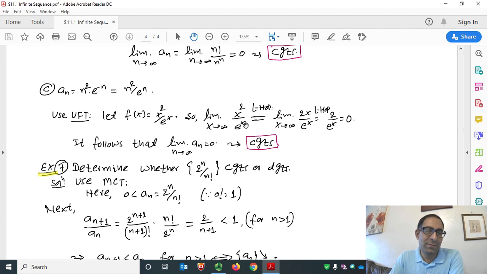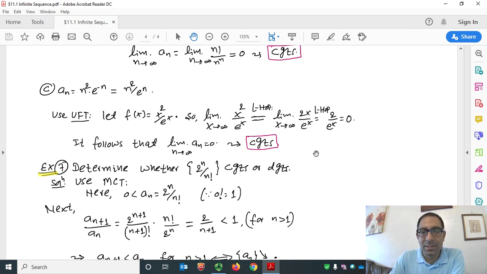e to the infinity is infinity. Then this is an indeterminate form. We use L'Hopital's. Using L'Hopital's, the limit as x tends to infinity of 2x over e to the x, that means taking the derivative of x squared, which is 2x, over the derivative of e to the x, which is e to the x. Again, when you put x equal to infinity, this is infinity over infinity, again an indeterminate form.